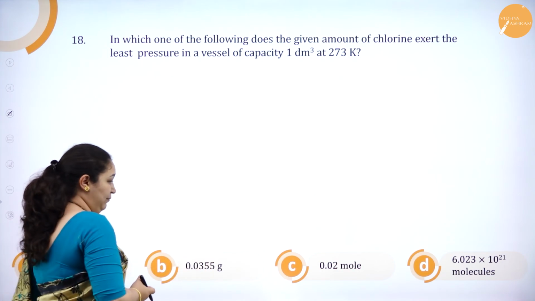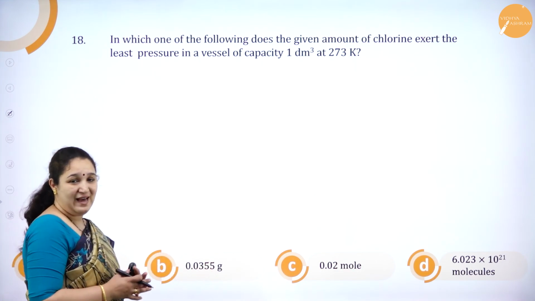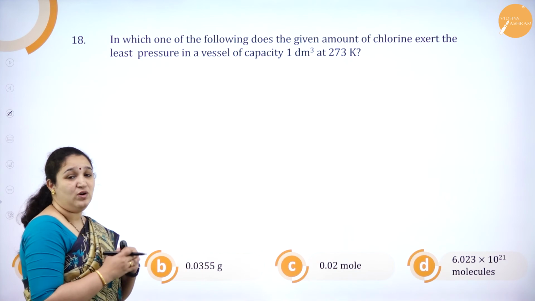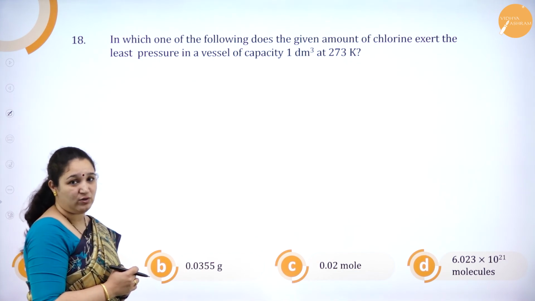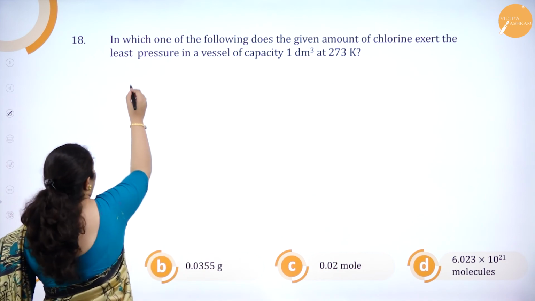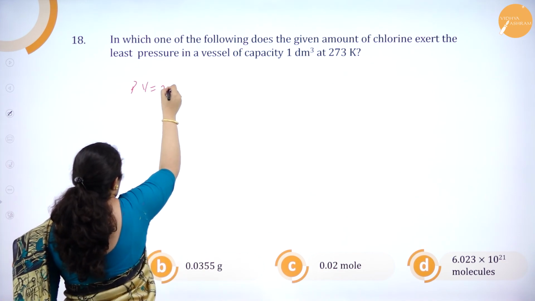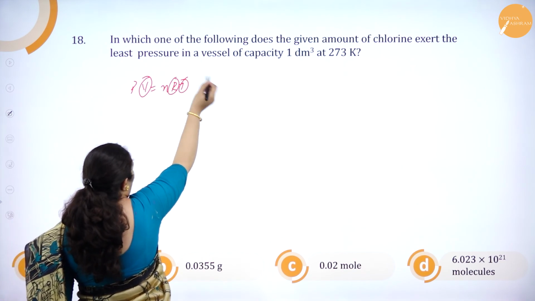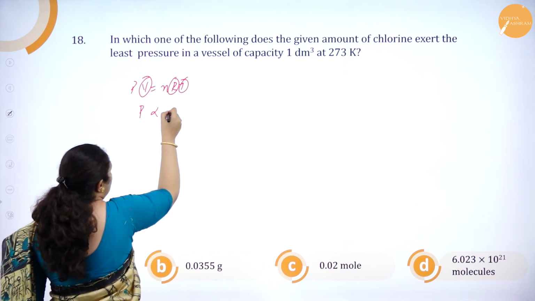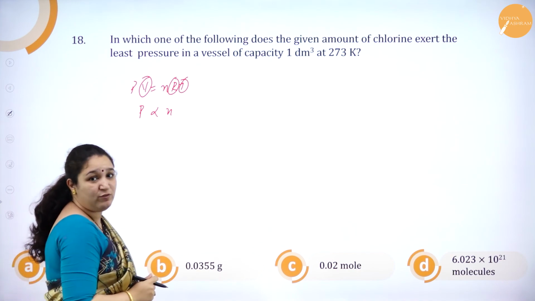Which one of them is going to exert the least pressure. We know that PV is equal to nRT, and volume, R and T are constant here.